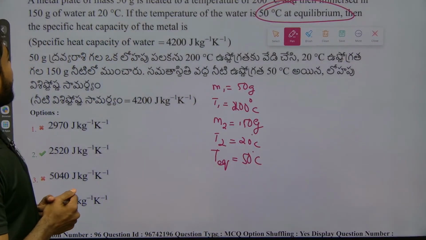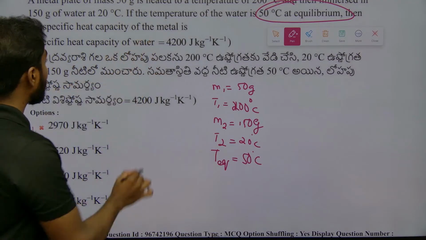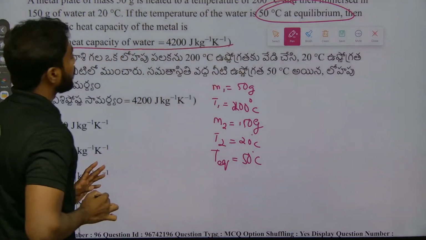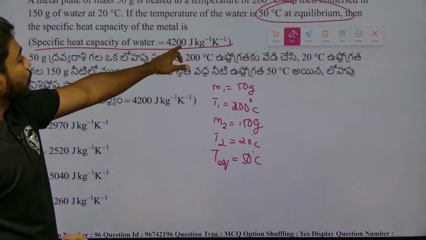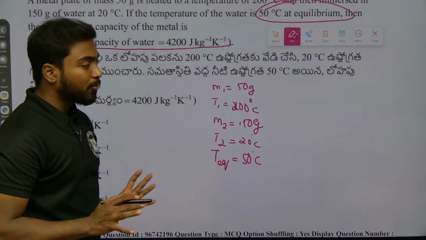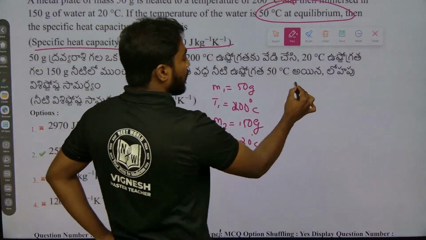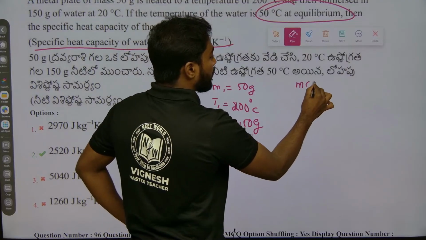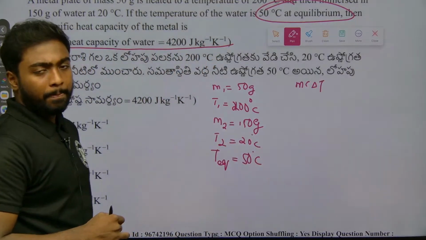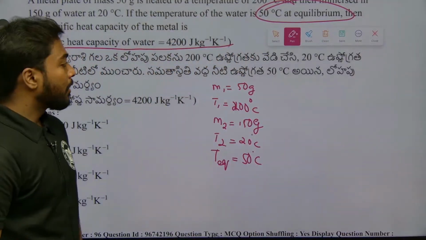Then the specific heat capacity of the metal. The specific heat capacity of water has been given, that is 4200 joule per kg Kelvin. I need to find the specific heat capacity of the metal. What is the formula we know? Heat is MC delta T. So heat loss is equal to heat gain. That condition we know.